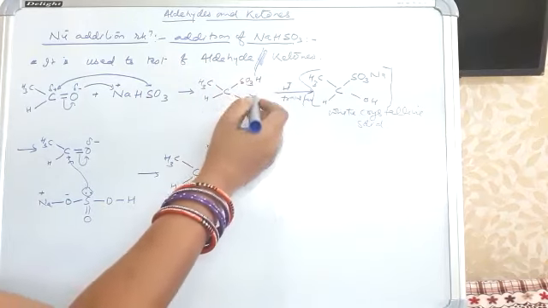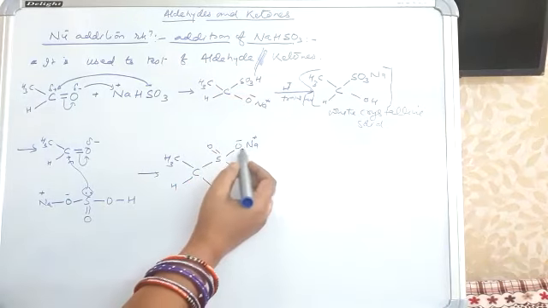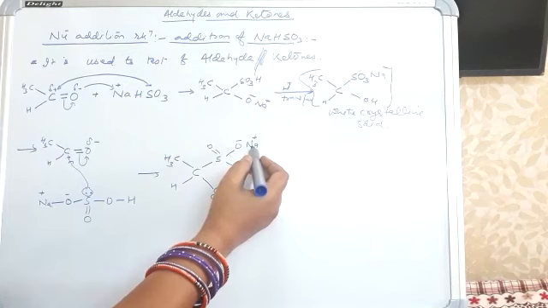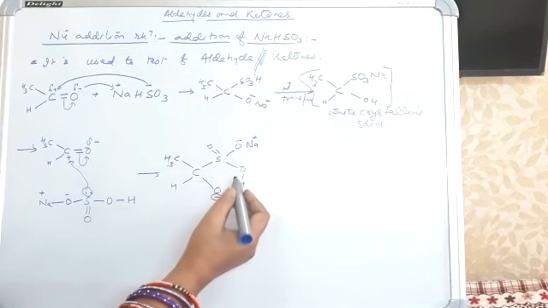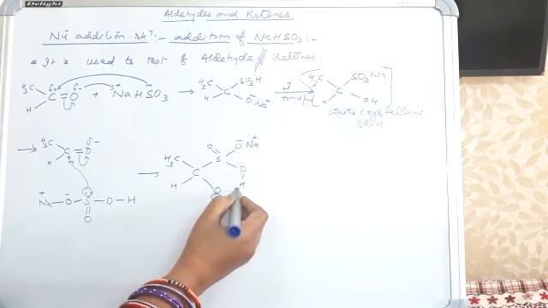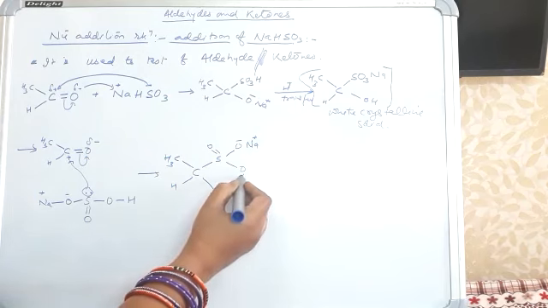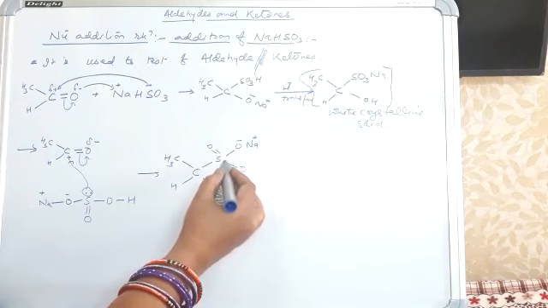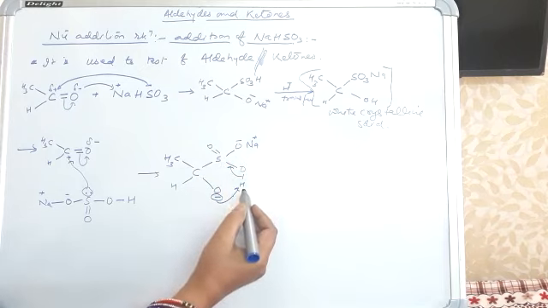SO3H with Na remains in the solution. What happens? This electron takes this proton and this bond goes towards between the sulfur and the oxygen.